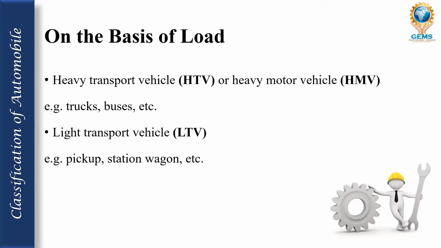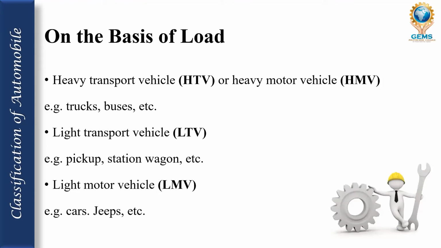Second one is light transport vehicle. For example, pickup, station wagon, etc. Third one is light motor vehicle. For example, cars, jeeps, etc. So one by one we will see.